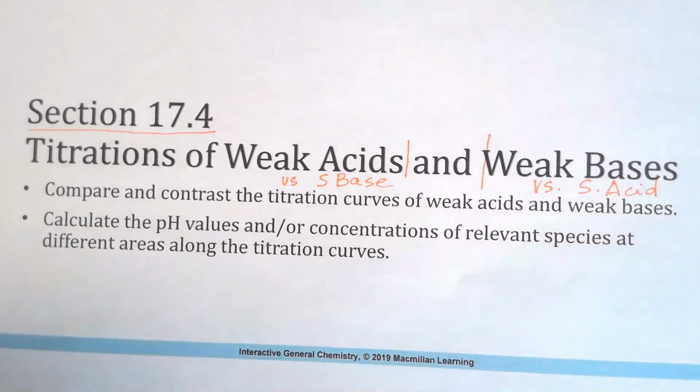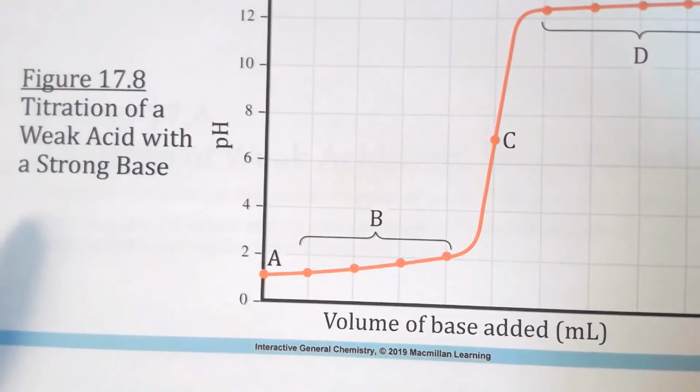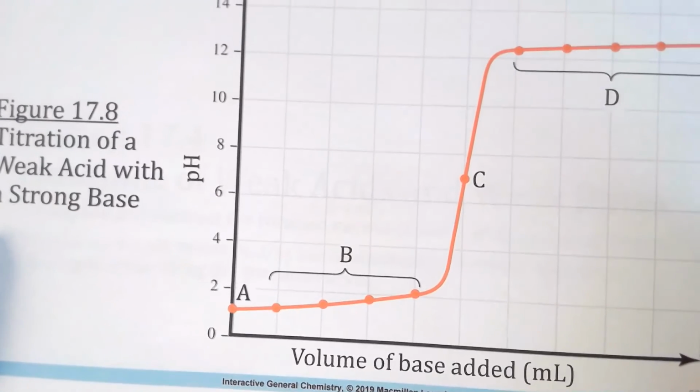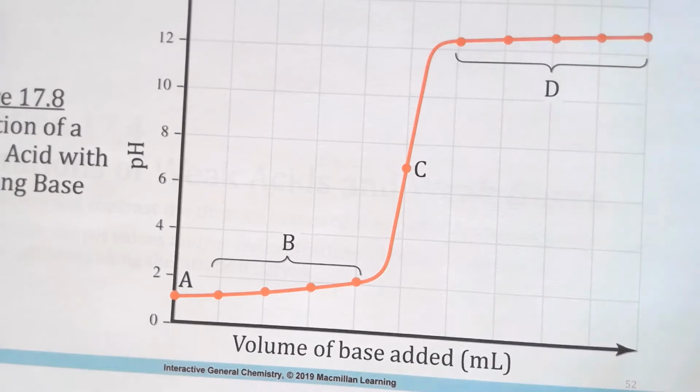So the first case that we are going to look at is the titration of a weak acid with a strong base. So here again you have the 4 regions.